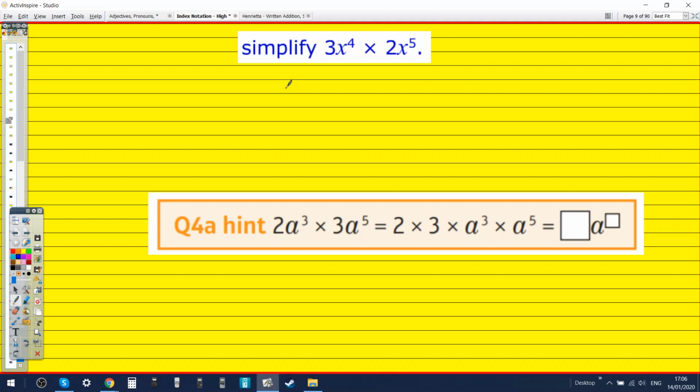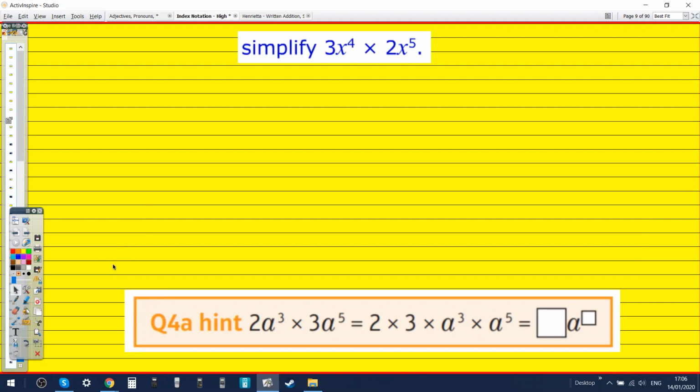Because 3 times by itself 4 times is 12. It's not 3 to the 4, it's 3x to the 4. Oh. So the long way of writing this would be 3 times x to the 4 times 2 times x to the 5.